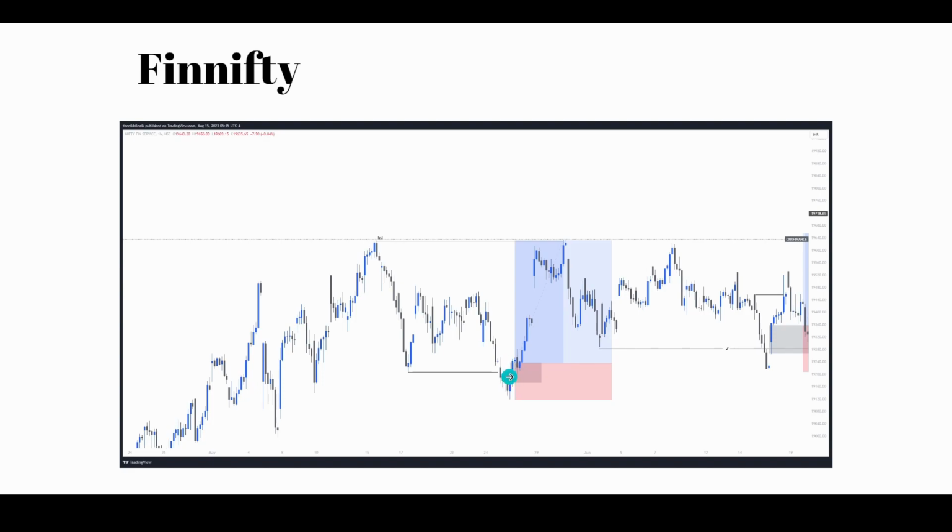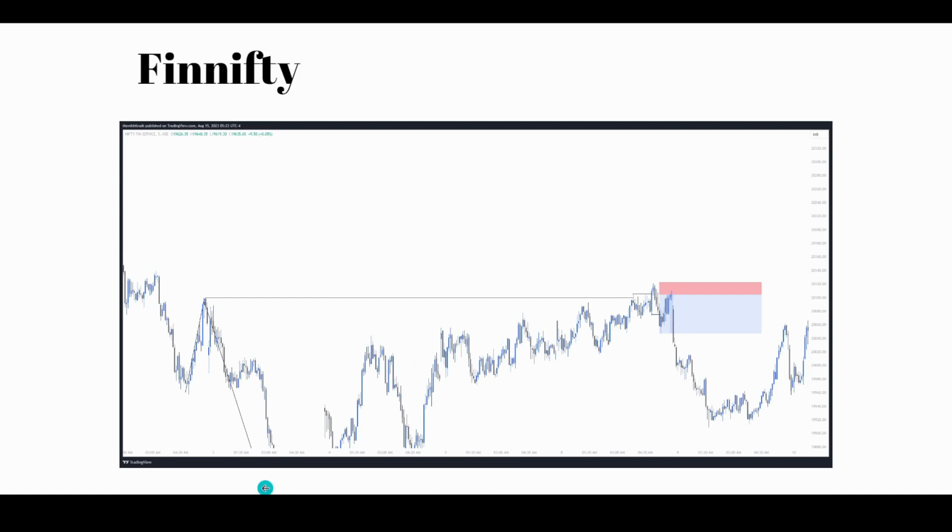Price creating a fair value gap, testing it, stop loss below that, target buy side liquidity over here. And this is our last example of buy side liquidity: price taking out previous swing high, change of character, a retest. Even though you chose 1:2, you can also see how the market reacted from there.